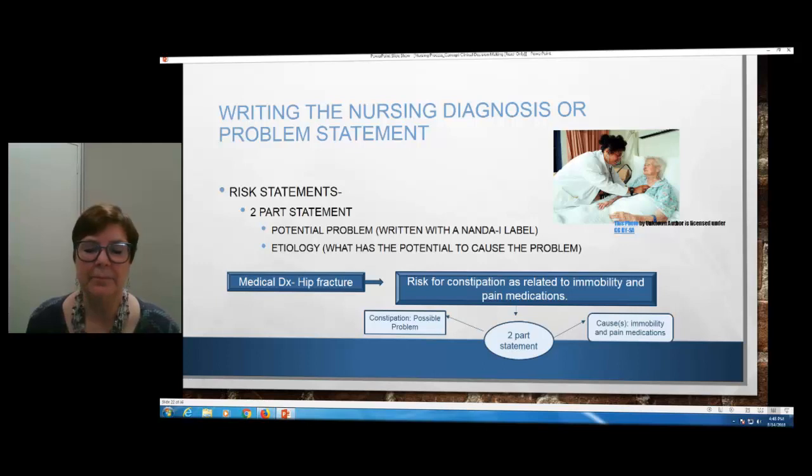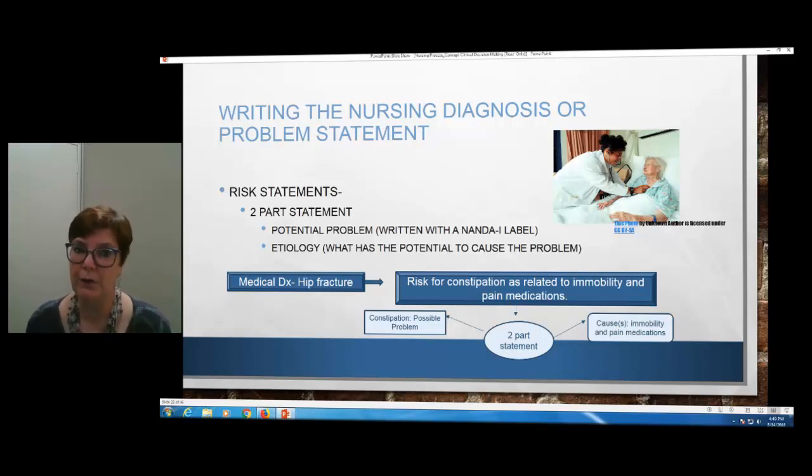So let's say that our patient has a hip fracture, which is going to make them pretty immobile. We know that they're going to have a lot of pain with a hip fracture. We know they're not going to move around as much as they usually do. So both of these factors can cause constipation. Our risk statement would be risk for constipation related to immobility and pain medications.